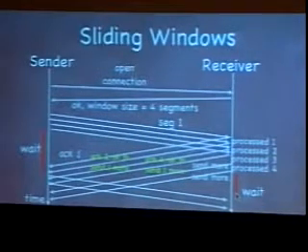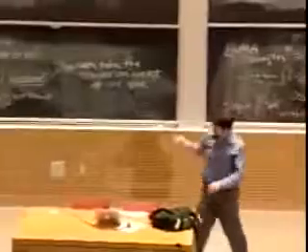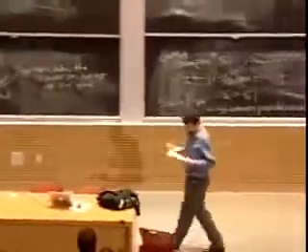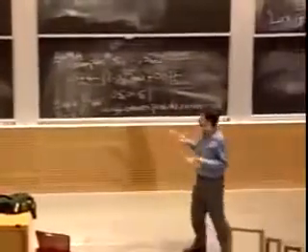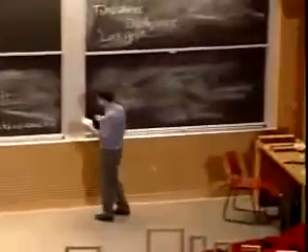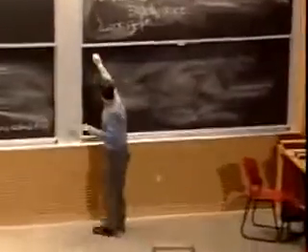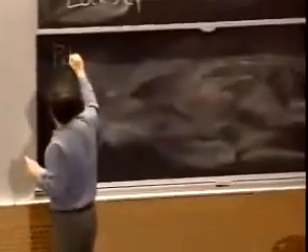So what this suggests is that we want to set the size of the window to be the appropriate size in order for the receiver to be able to continuously process information if at all possible. So there's this question about how do we pick the window size.